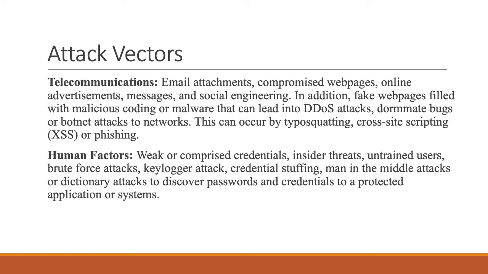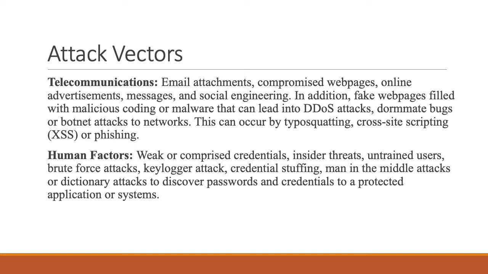Next, we're going to talk about attack vectors through telecommunications as well as human factors. To start, users can be manipulated, deceived, or threatened to download or click on untrusted sources. This allows attackers to enter systems and infiltrate their malware, viruses, or conduct SQL injections for malicious purposes. Attack vectors through telecommunications can include email attachments, compromised web pages, online advertisements, messages, as well as social engineering attempts.